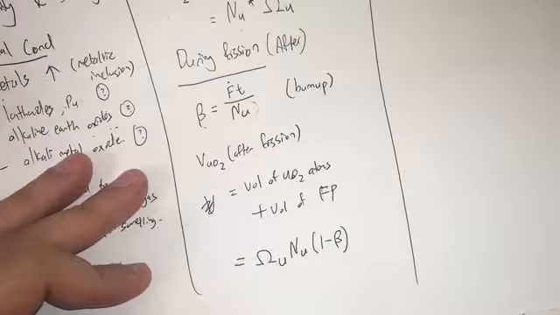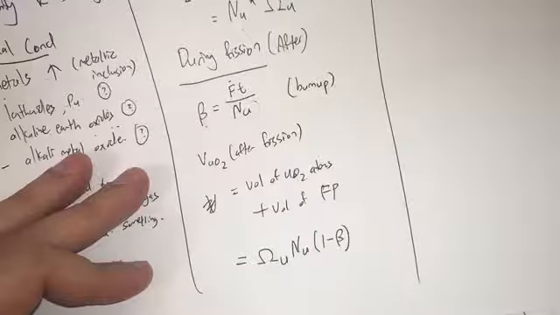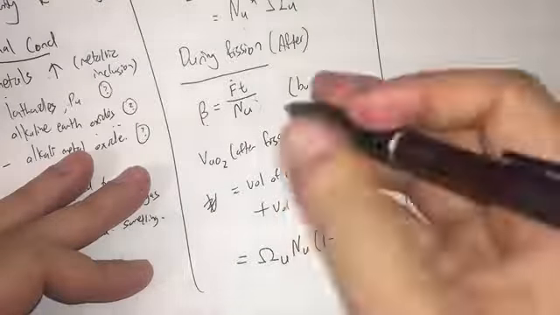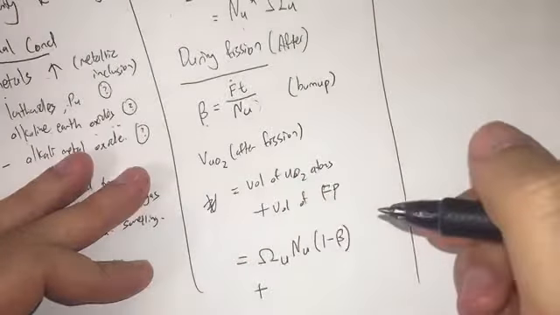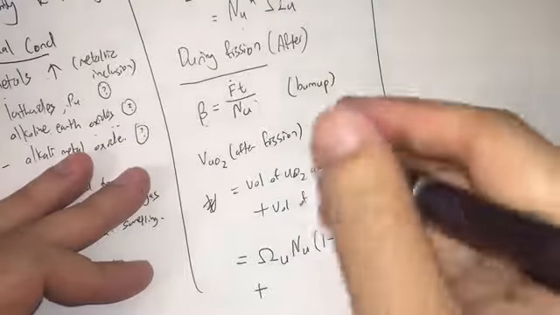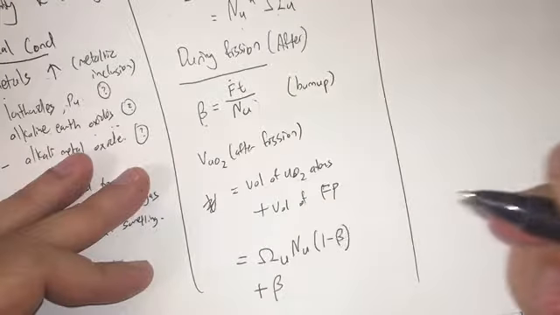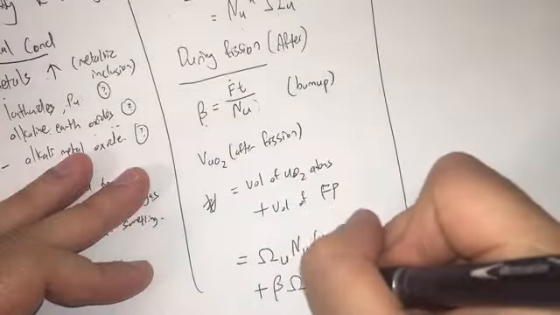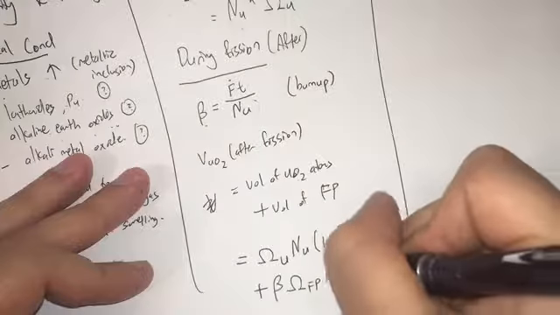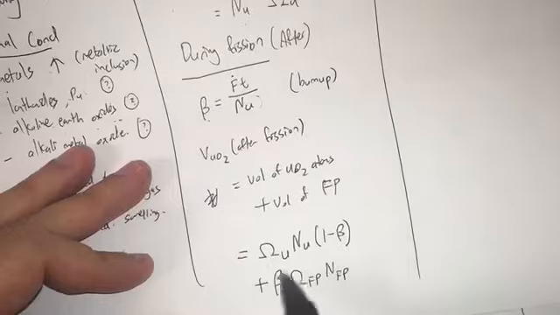And then how many fission products are produced? This will be beta times omega of the fission products times the number of atoms of the fission products.